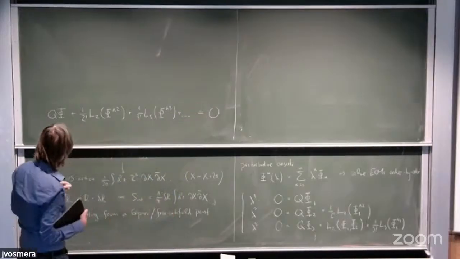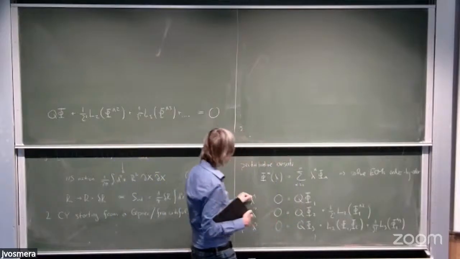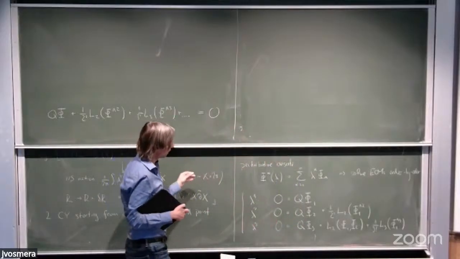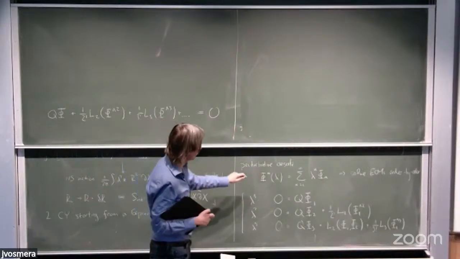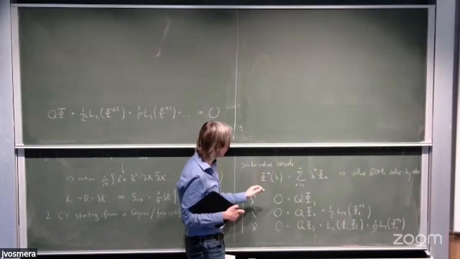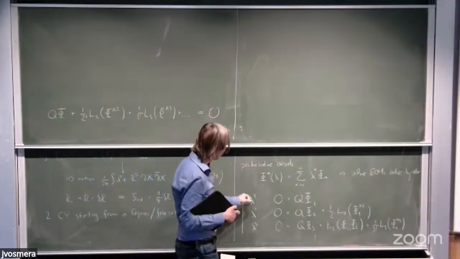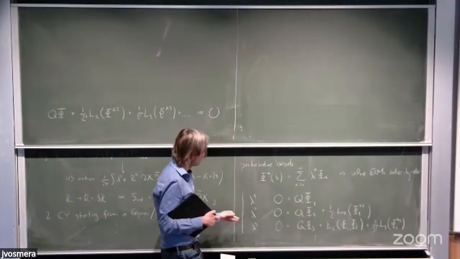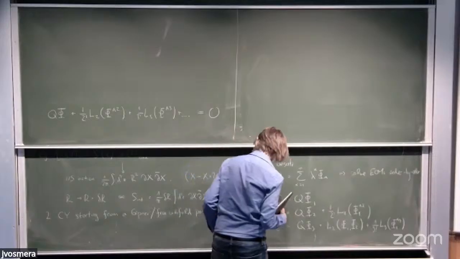Good, right? So now when you substitute this power series in lambda, you can demand that this field configuration phi star of lambda solves the equation of motion for all lambda. You can read off the coefficients in front of individual powers of lambda, and these are the conditions which you obtain.